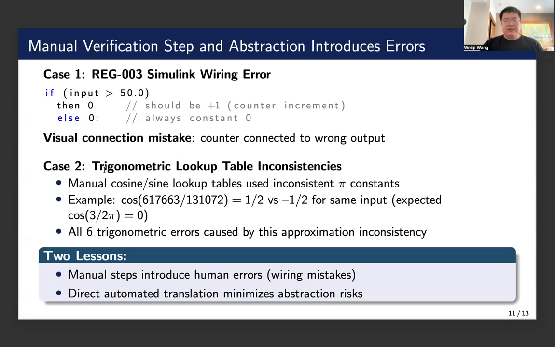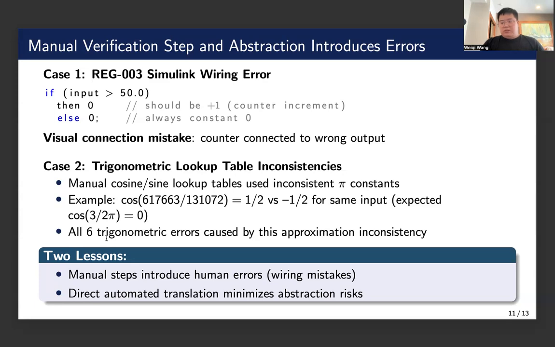Case two is the lookup table, because calculating cosine and sine is actually quite expensive, so they try to use some lookup table to simplify it. However, you can see here the cosine of 3 over 2 pi should be 0, but they give 1 over 2 or minus 1 over 2.